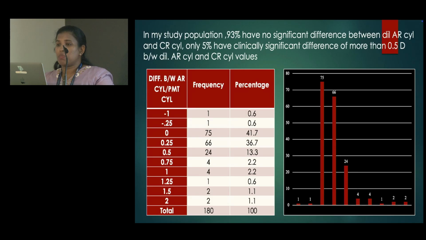And 93% had no significant difference between dilated AR cylinder and cycloplegic retinoscopy cylinder values. Only 5% had a clinically significant difference of more than 0.5 diopter between dilated AR cylinder and cycloplegic retinoscopy cylinder values.